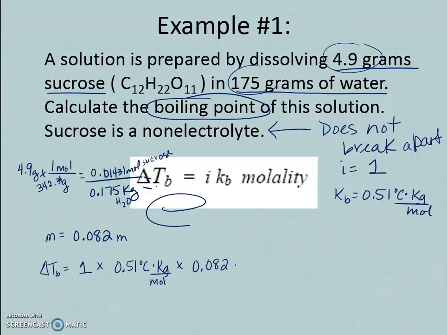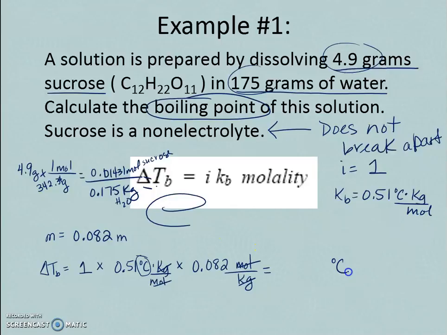Molality is moles per kilogram. I'm going to do it this way so you can see how the units cancel. Kilograms cancel with kilograms, moles cancel with moles. The Van't Hoff factor is a ratio, so there's no unit, and we're left with our answer in degrees Celsius.